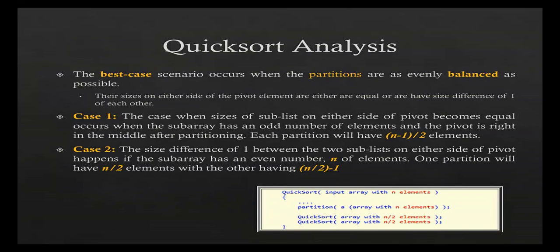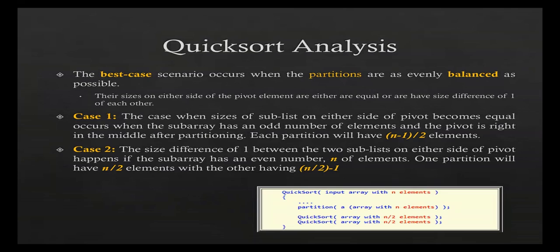So what do we learn from there? In the best case scenario, we always assume that the partition splits the array elements into two sub-arrays, and the number of elements in each sub-array is almost the same, right?